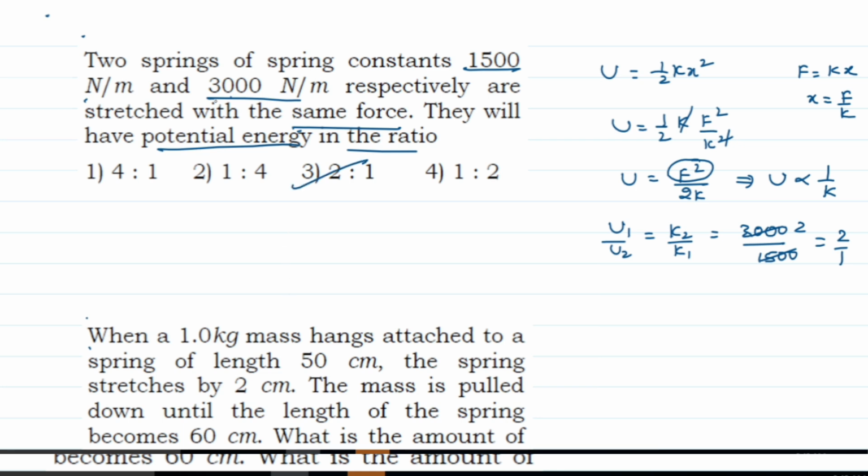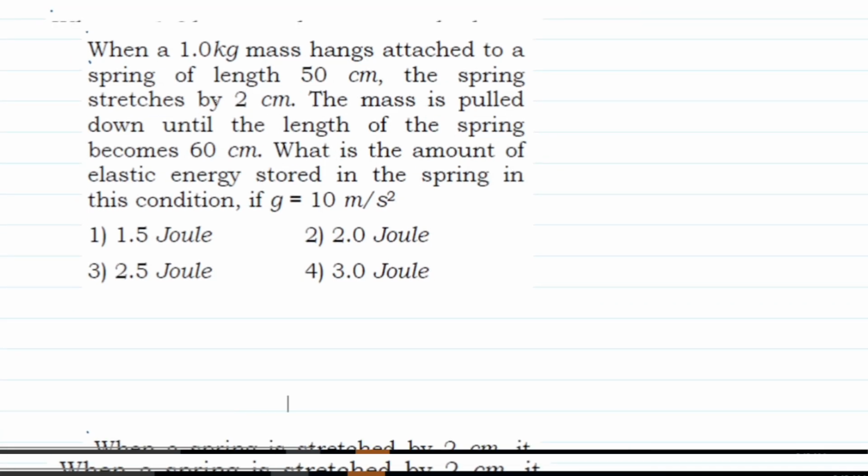The next question says, when a 1 kg mass hangs attached to a spring of length 50 centimeter, it is stretched by 2 centimeter. Initially you are taking a spring, and to this you are hanging a 1 kg mass. Now at the equilibrium position, this is mg, and here the restoring force magnitude F equal to kx.